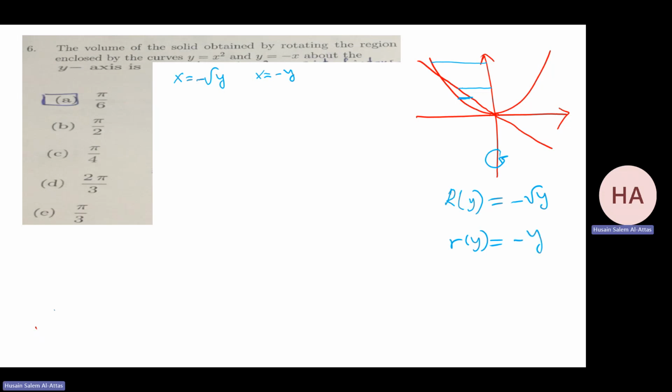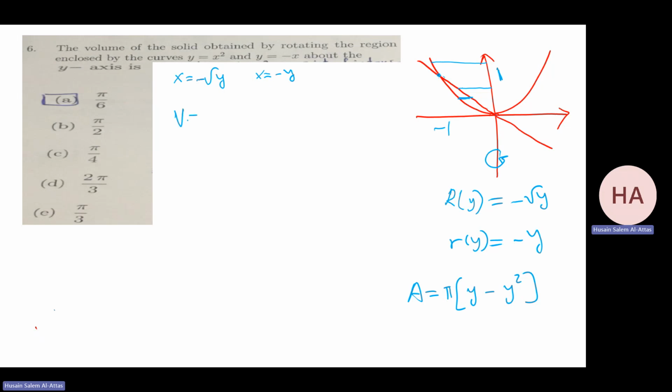So what is the area? The area will be pi times the outer squared, which is y minus y squared. And from where to where? This point is what? Yeah, I want the y values. The y from 0, this is minus 1, but the y value is 1.